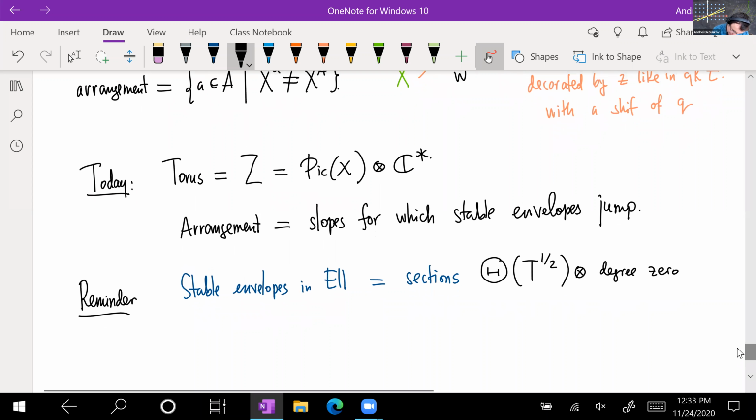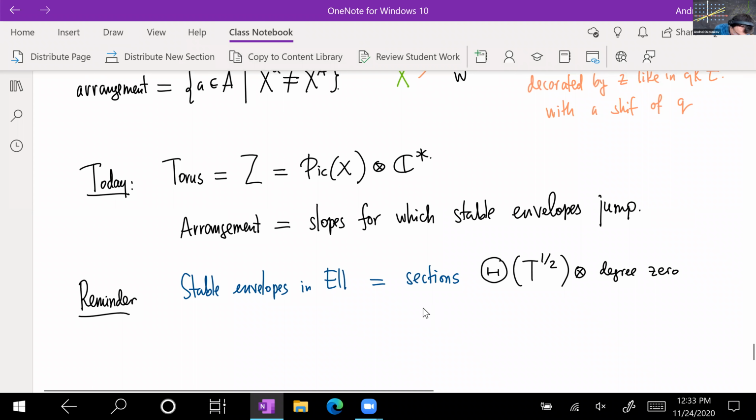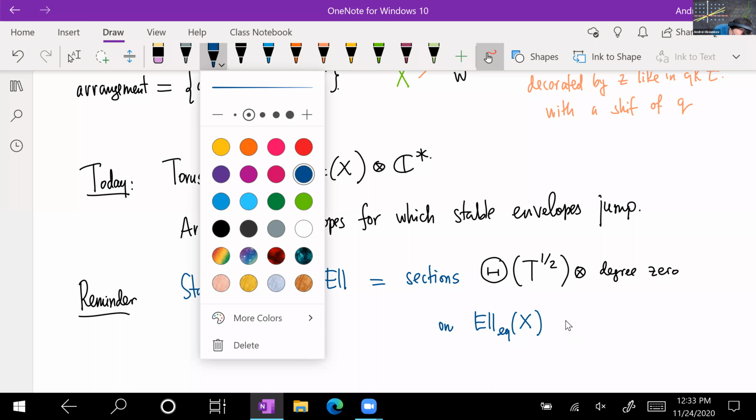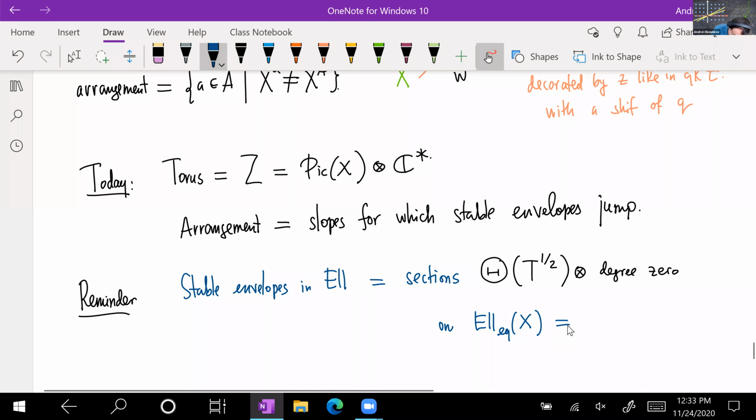Now, on equivariant elliptic homology of X, which we discussed, this is a union of abelian varieties.